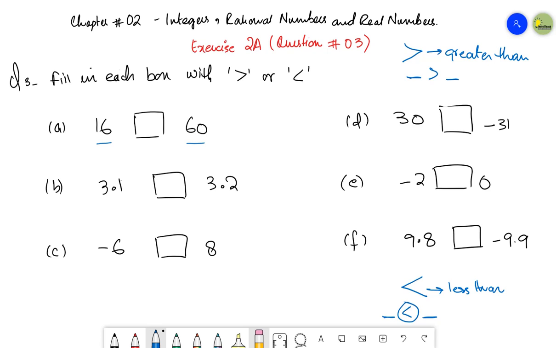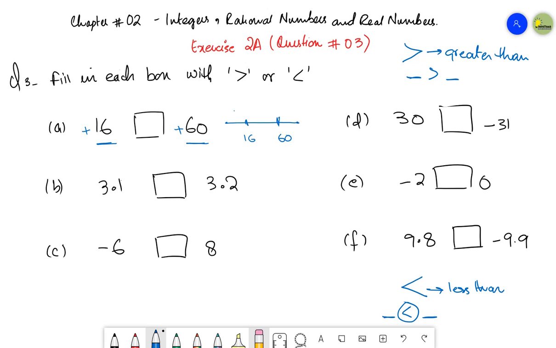Since both the numbers have no sign with them, both are positive numbers. So if both numbers are positive, then we need to see the magnitude, the number itself, 16 and 60. 16 will be smaller than 60. Why? Because on the number line, 16 comes before 60. So 16 is the smaller one.